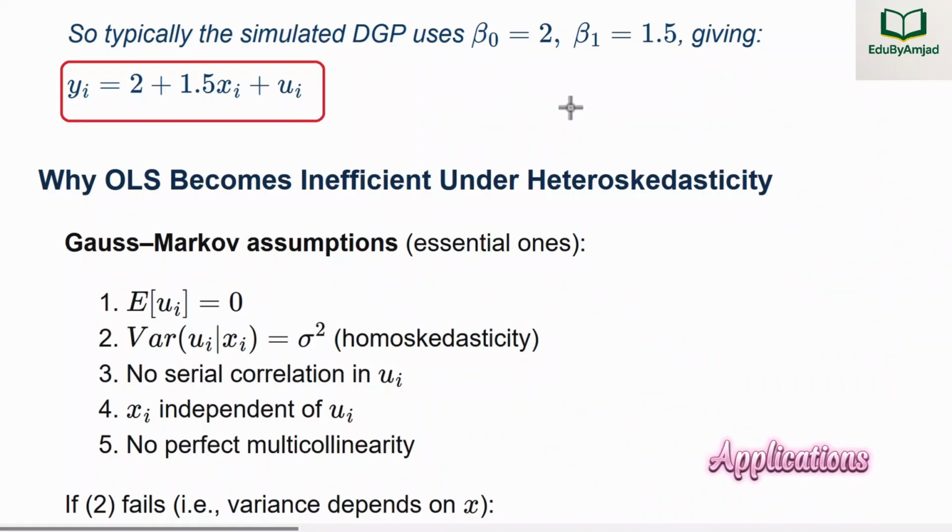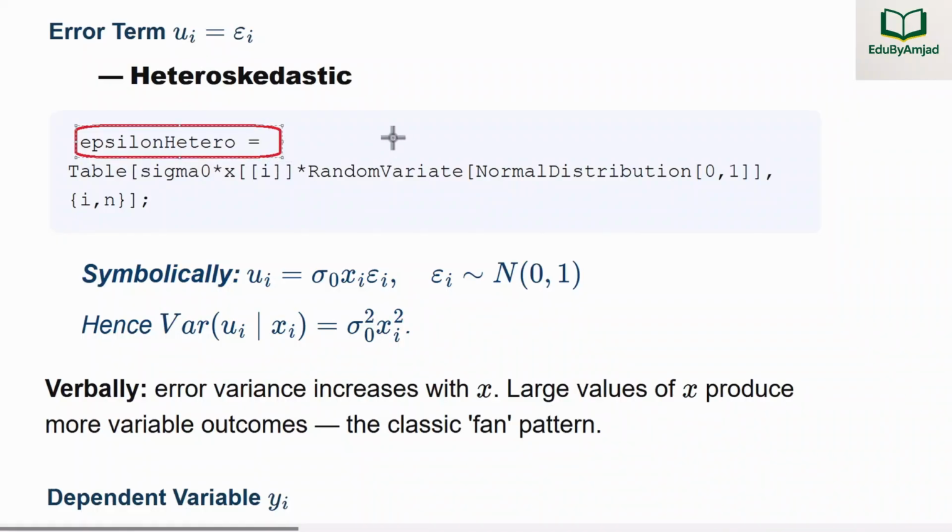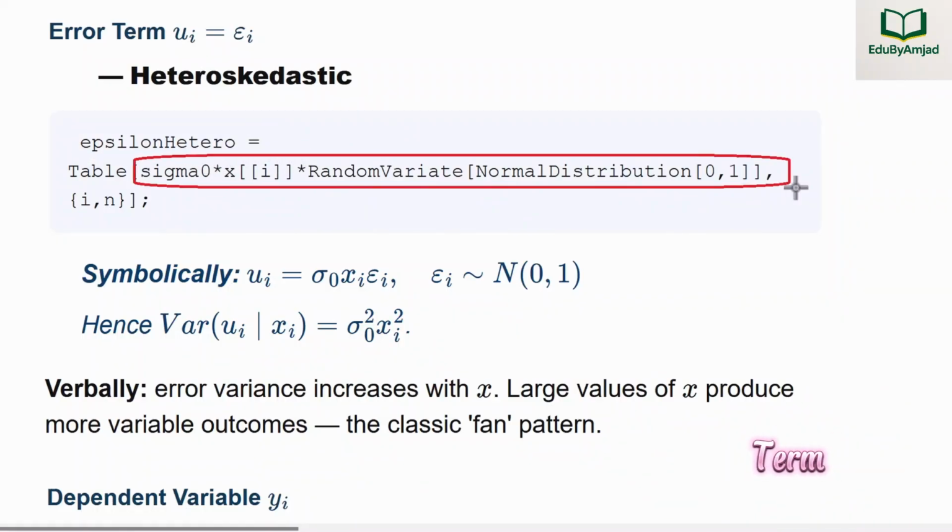In real-life applications, these true population coefficients are unknown. We estimate them using the classical method called ordinary least squares, or OLS. Next, we create a heteroskedastic error term, where the variance depends on x.